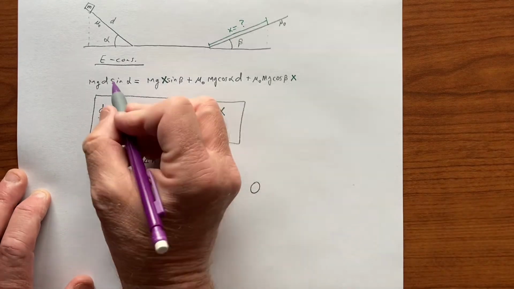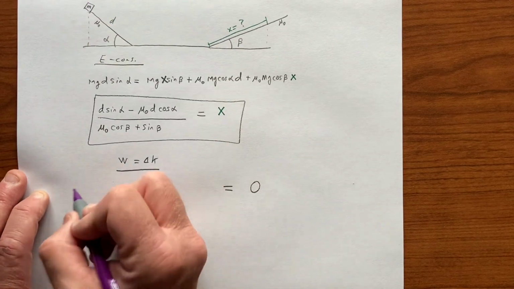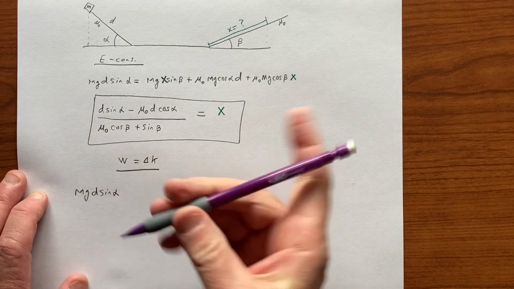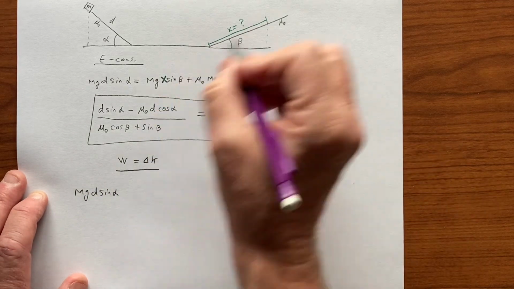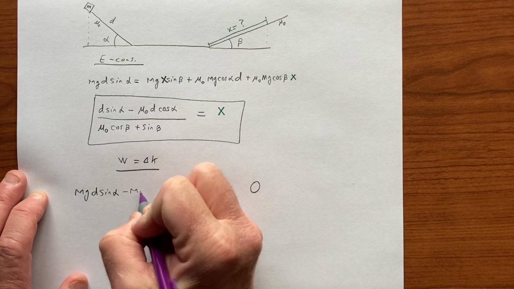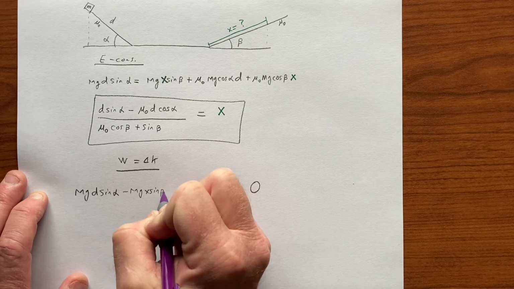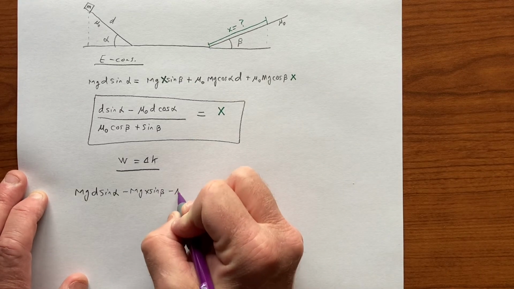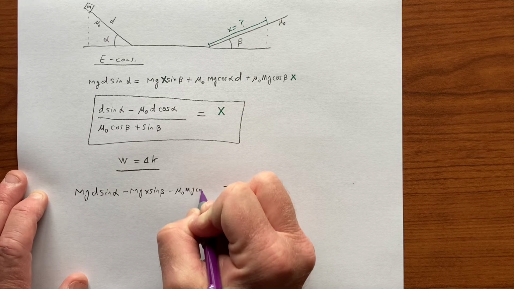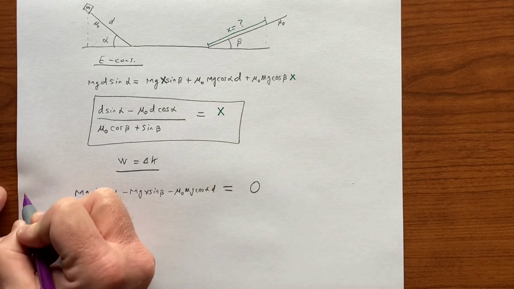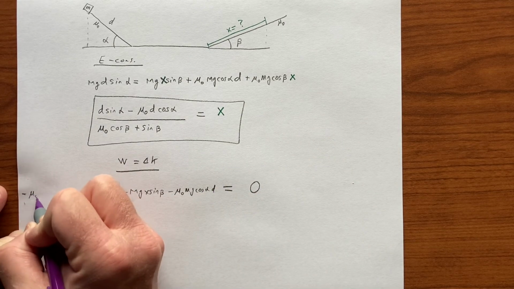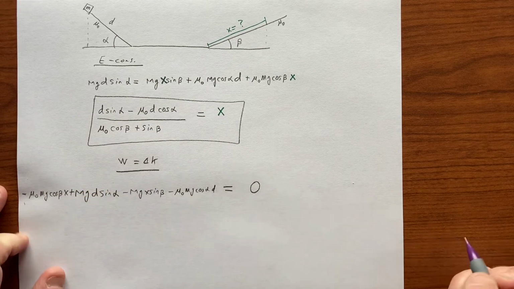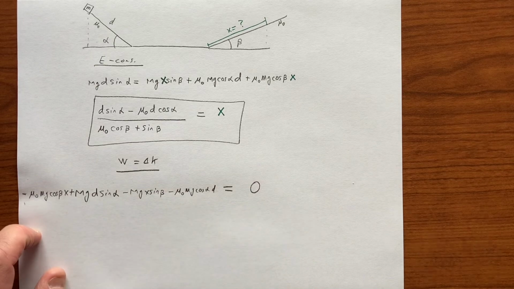And the work, of course, we have positive work here, so we have mgd sine alpha, and then we have negative work done by gravity there, minus mgx sine beta, and then we have the negative work done by the force of friction, mu naught mg cosine alpha d, and minus mu naught mg cosine beta x. And so, of course, we end up at the same place.